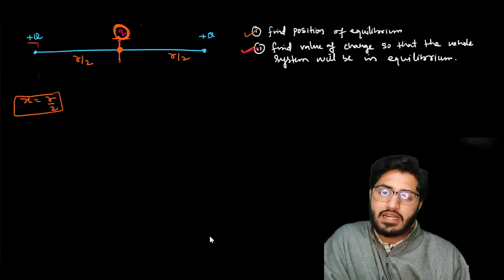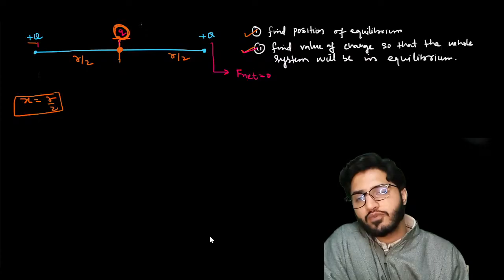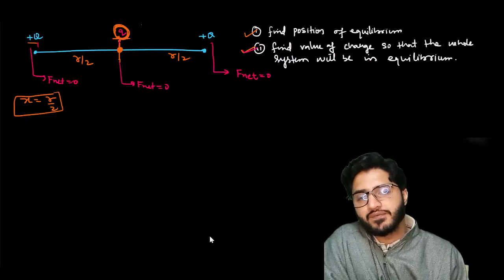If this particle should be in equilibrium, that means the net force on this should be 0, or the net force on this would be 0 for the second condition. Now I am taking this one.